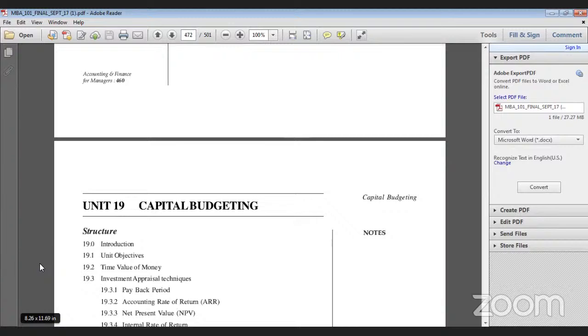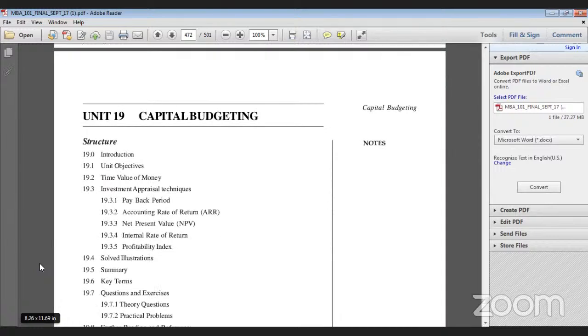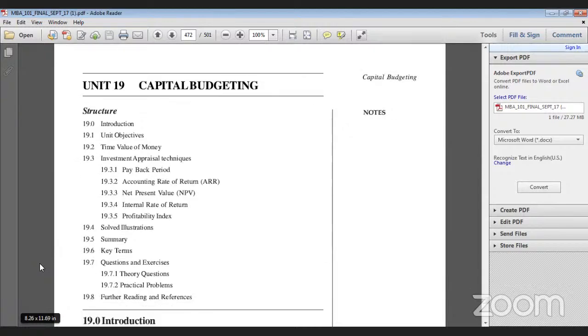After that, capital budgeting. Capital budgeting is mainly about payback period, accounting rate of return, ARR, NPV, internal rate of return, profitability index. These are the various techniques with which we can calculate the capital budget.